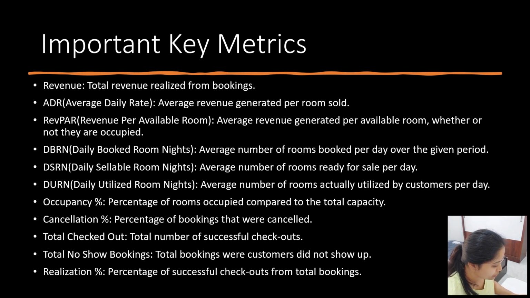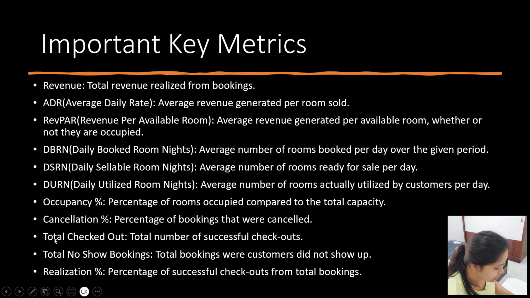Cancellation percent shows the percentage of bookings that were cancelled compared to the total bookings made. Total checked out is the number of guests who successfully completed their stay and checked out of the hotels.